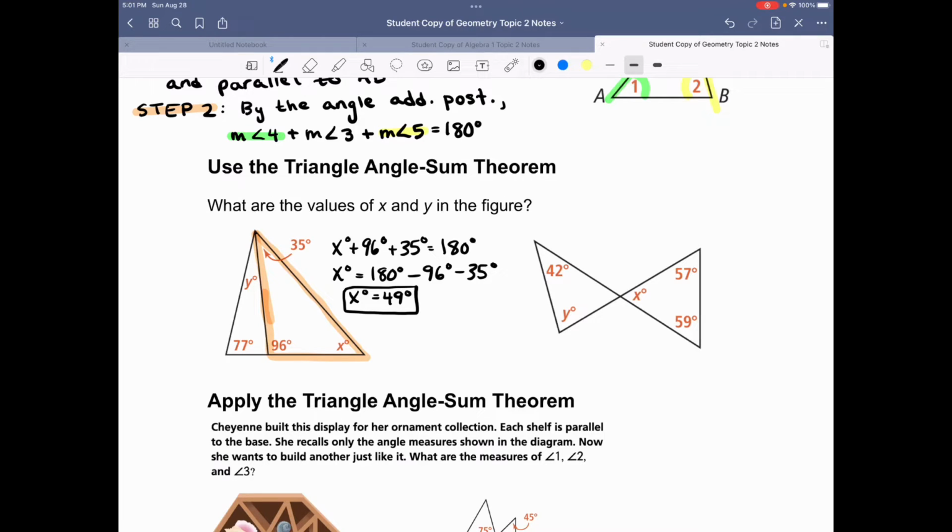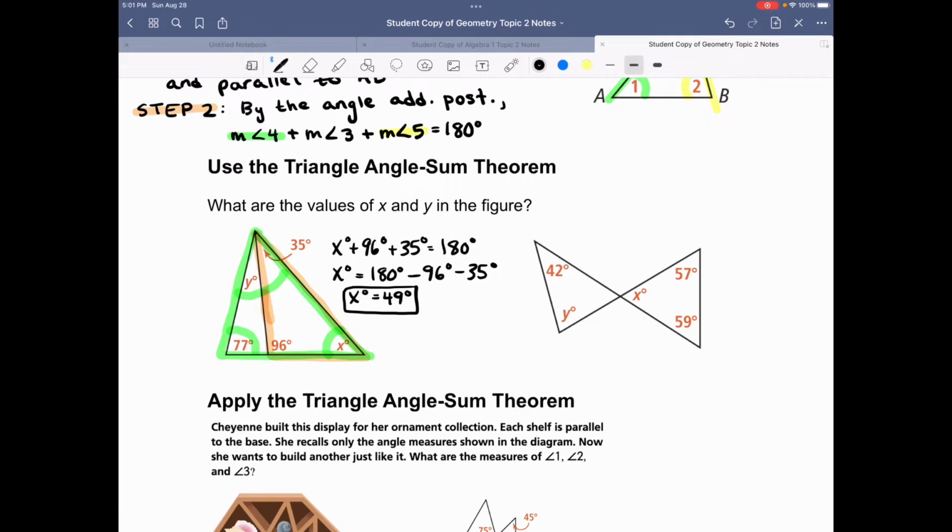If I look at the whole triangle, then we can take the 77, we can take the x, and we can take the y and 35 to figure out what all the angles in this triangle are.